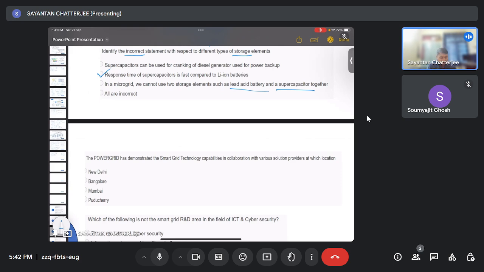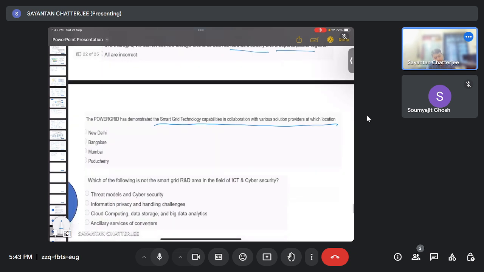New Delhi, Bangalore, Mumbai, Pune. So here it is Pune.